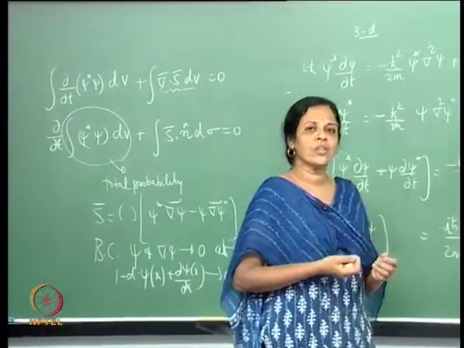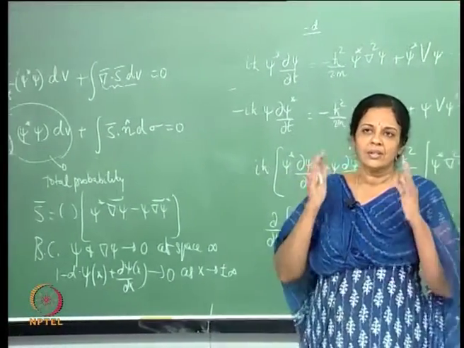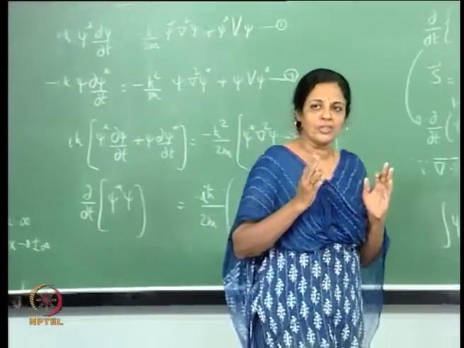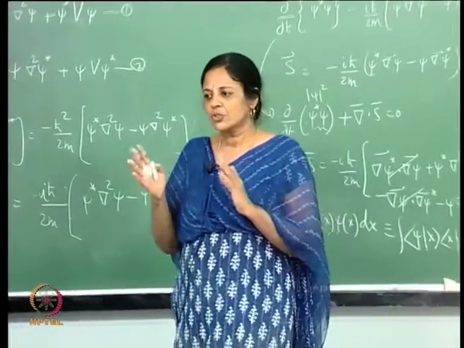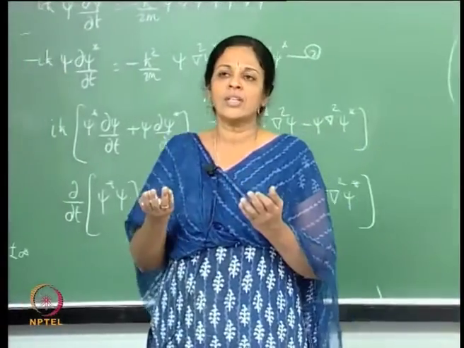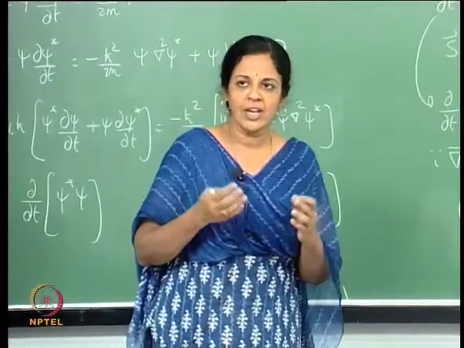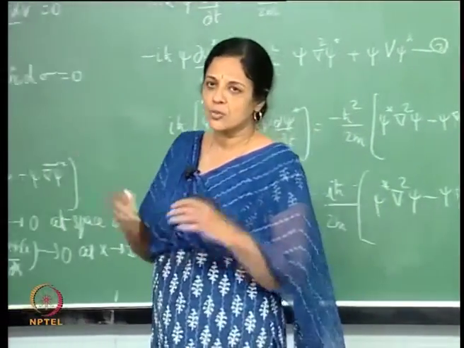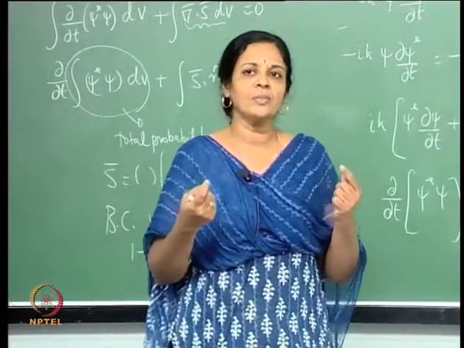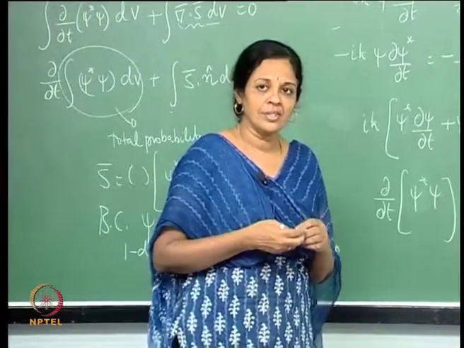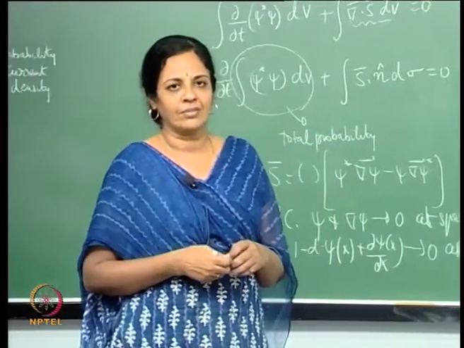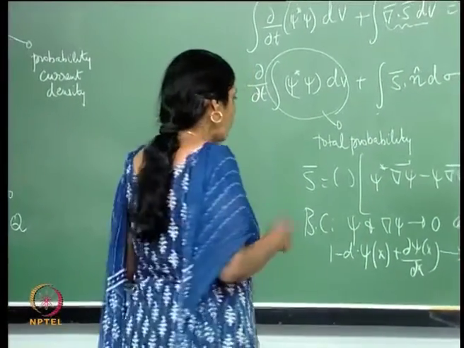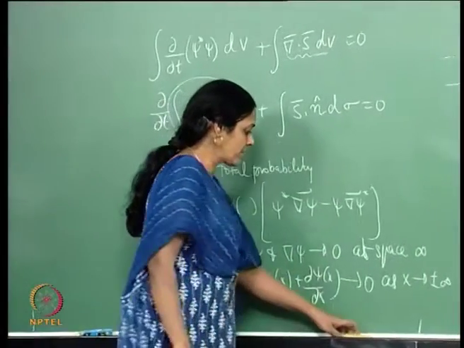So when we work with the Schrodinger equation, it is really the fact that the total probability should be conserved which gives rise to this boundary condition that the wave function vanishes at space infinity. If you are talking about one dimension, at x is plus minus infinity, the first derivative also goes to 0 sufficiently fast.